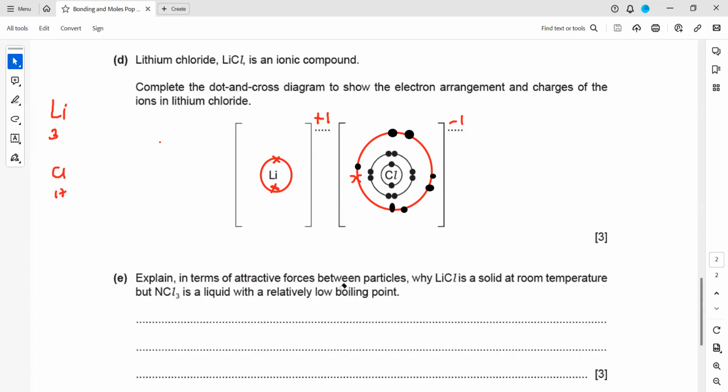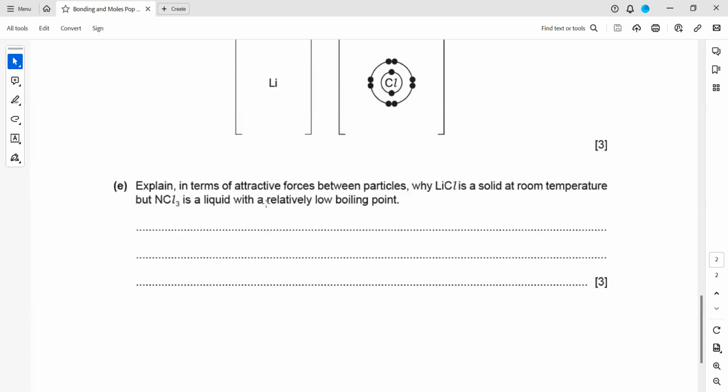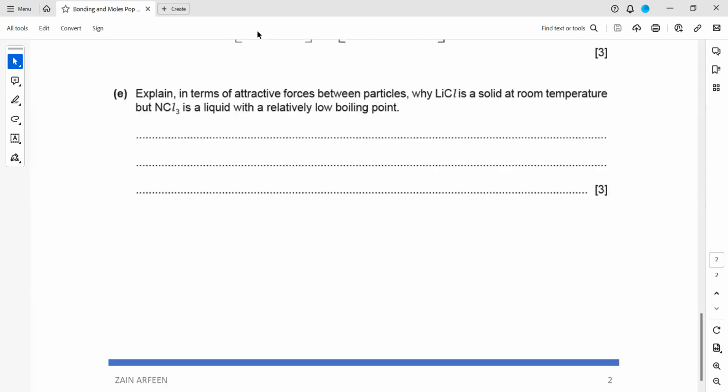Explain in terms of attractive forces between particles why lithium chloride is solid at room temperature, but nitrogen trichloride is a liquid with a relatively low boiling point. So the intermolecular force, first thing: lithium chloride is an ionic compound.